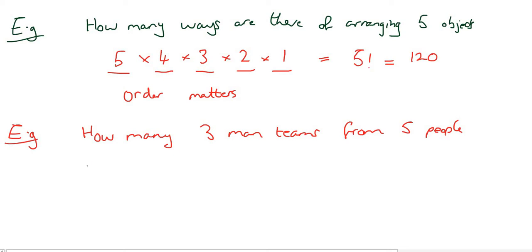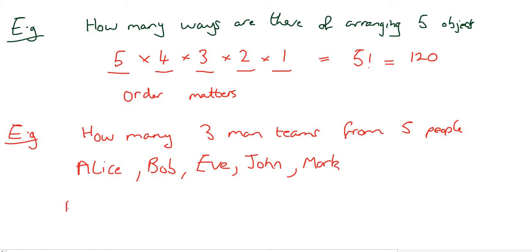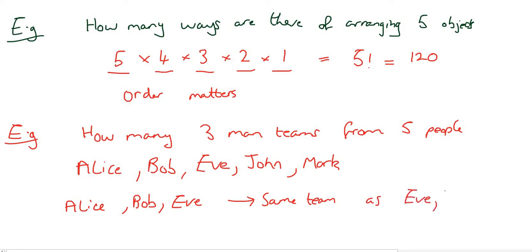So for example, say our 5 people were Alice, Bob, Eve, John, and Mark, and say one of the ways we chose the team was Alice, Bob, and Eve. This is the same team as, well, let's just turn them the other way around, Eve, Bob, and Alice. So we've got to be a little bit careful.